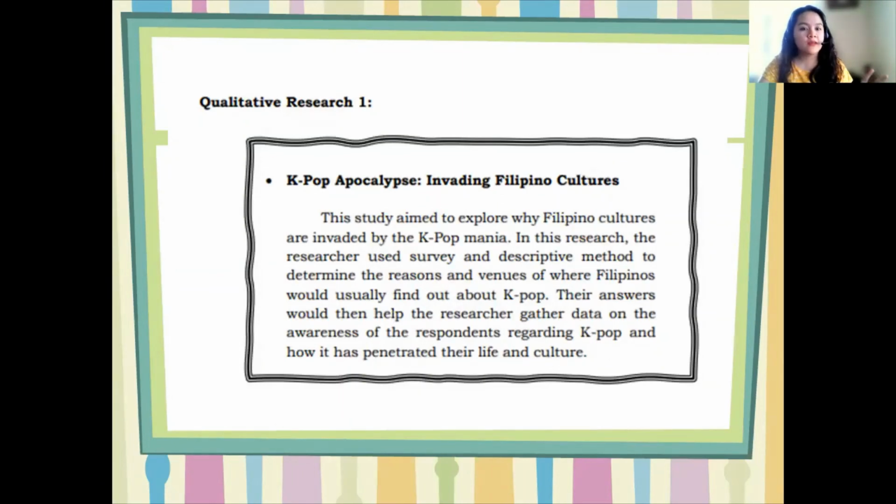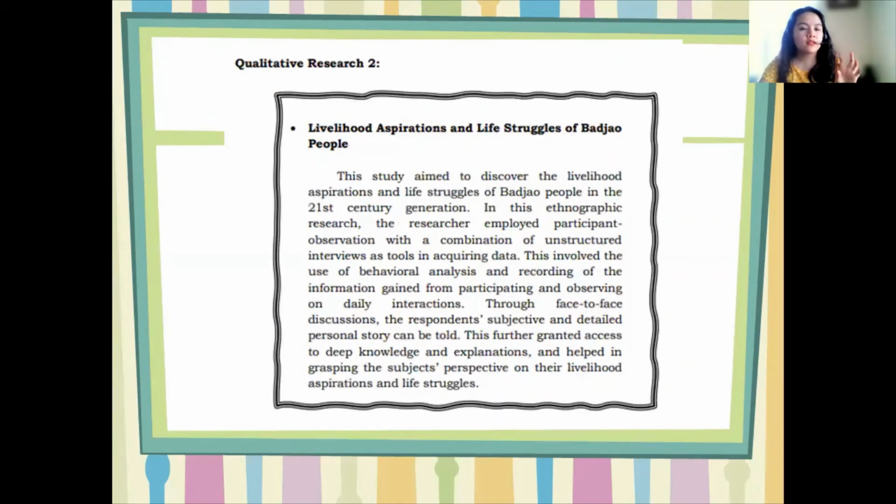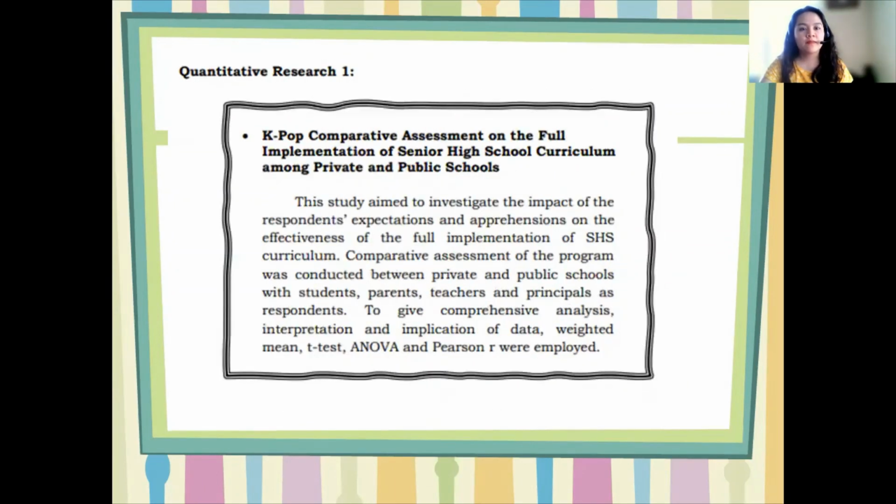Qualitative research, K-pop apocalypse, invading Filipino cultures. Qualitative research number 2, livelihood aspirations and life struggles of Badjao people. Quantitative, comparative assessment to the full implementation of senior high school curriculum among private and public schools.